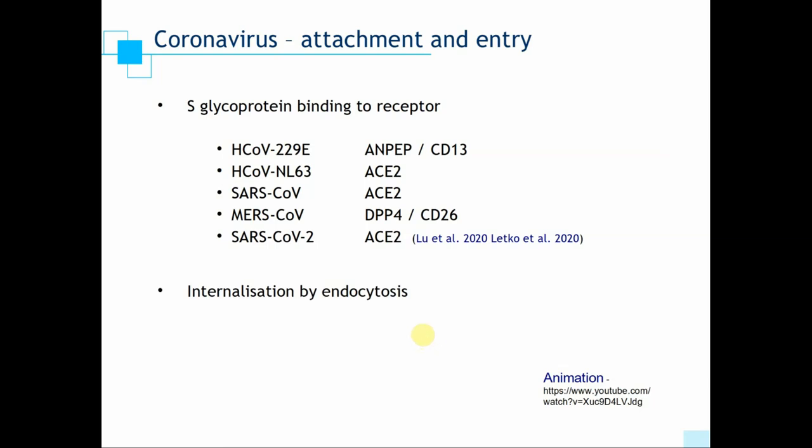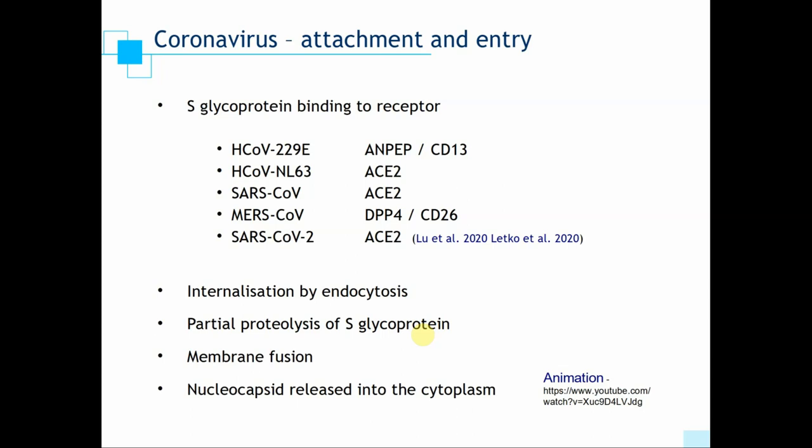For endemic coronaviruses, the entry mechanism seems to be that after binding to the receptor, the particle is internalized, then the S glycoprotein is digested partially by proteases in the endolysosome, and this is what allows the fusion of the host cell membrane and the envelope of the virus, which allows the nucleocapsid to get into the cytoplasm.